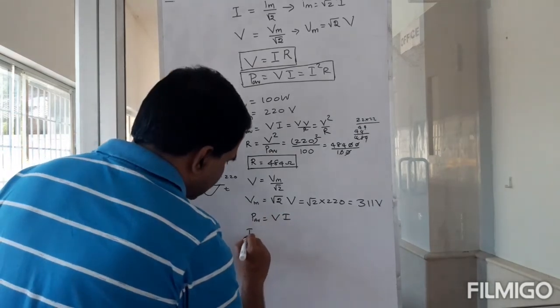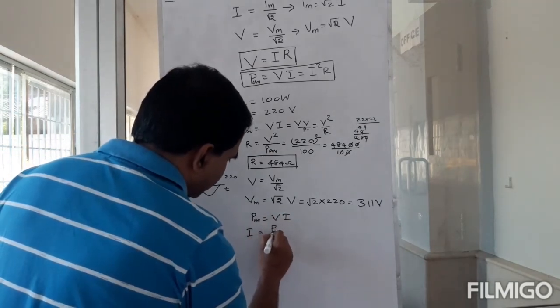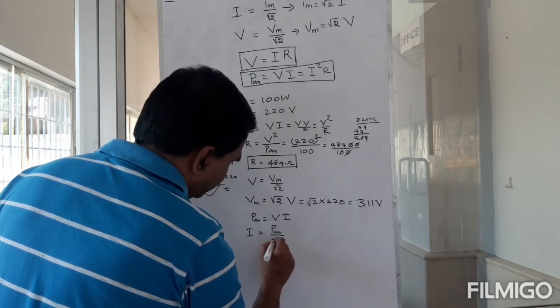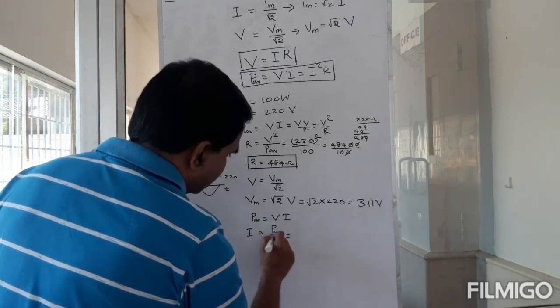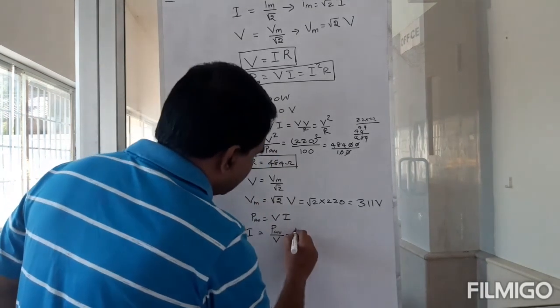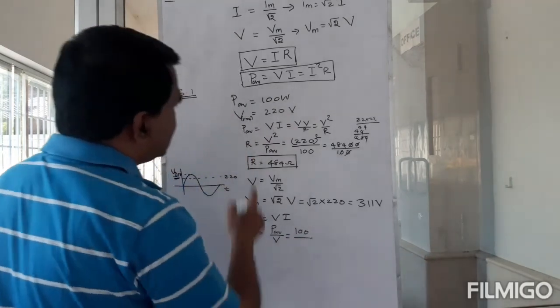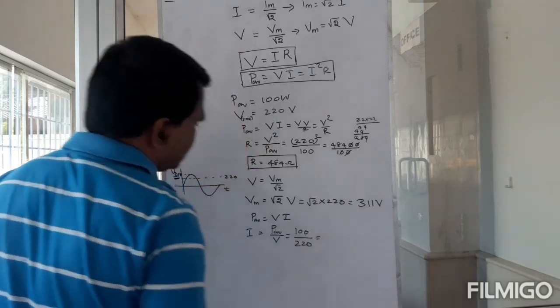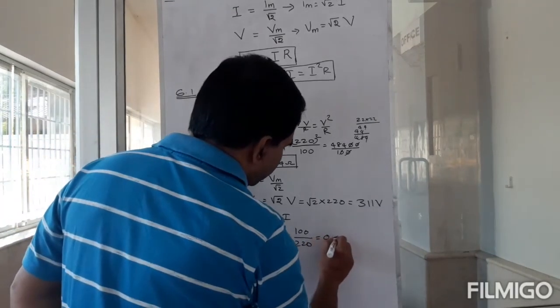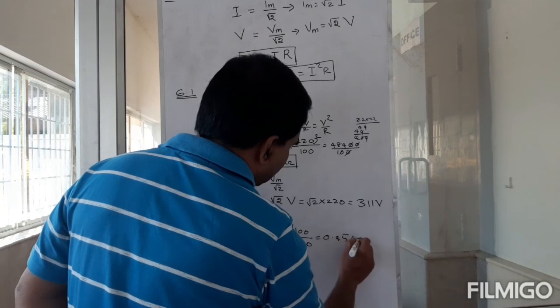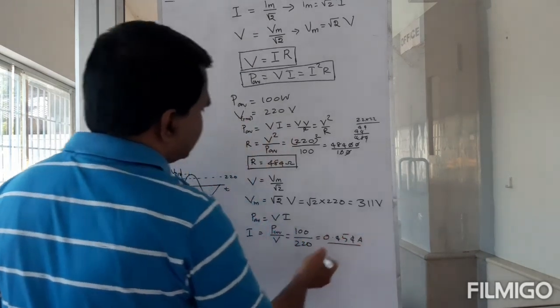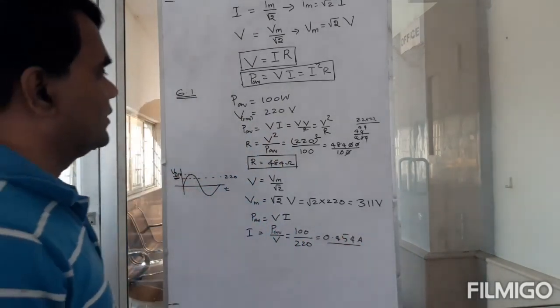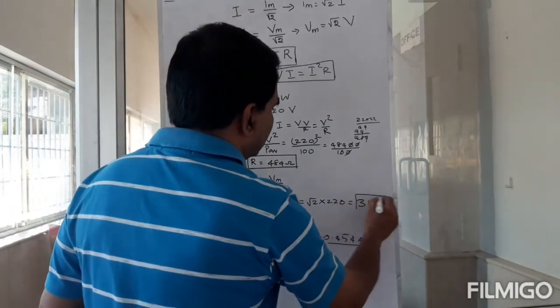So I RMS is equal to P average by voltage RMS. P average is 100 watts divided by voltage RMS 220 volts. So this is going to give you about 0.454 ampere current. So 0.454 ampere current is what is going to flow through that.